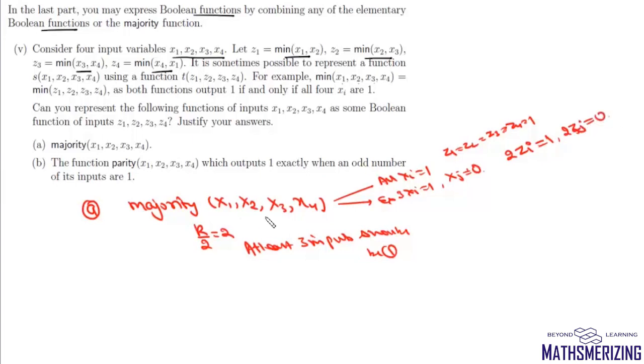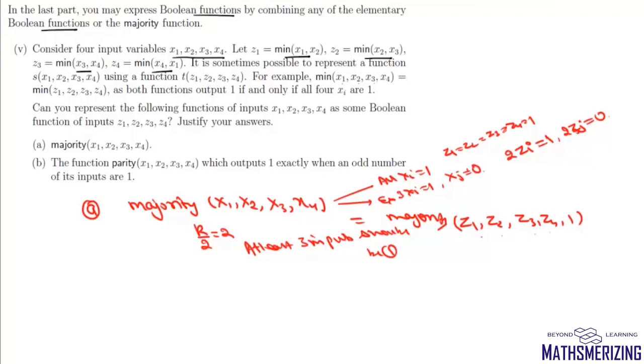Now if we make it a function of z1, z2, z3 and z4, then the count has to be greater than 2, and this condition won't suffice. So what we'll do is add one more input 1, and then the function majority of x1, x2, x3, x4 will be equal to majority of z1, z2, z3, z4 and 1. And that's your part A.